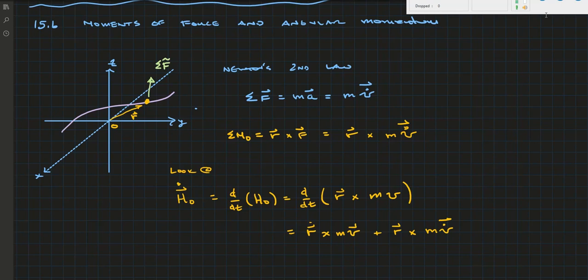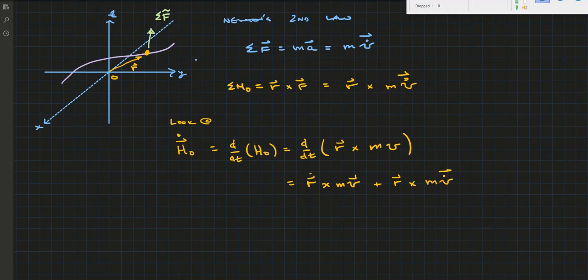And we see that this first term, R dot cross MV, is just R dot cross M R dot. So these two vectors are in the same direction, and if you have a cross product of vectors in the same direction, this is going to equal 0.